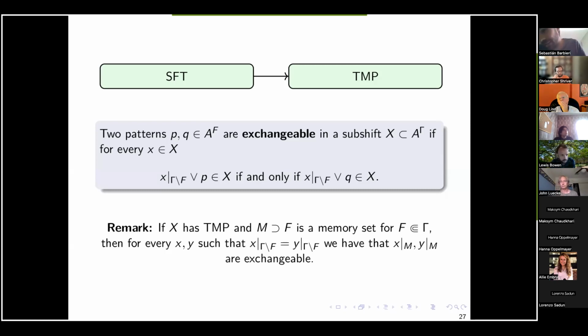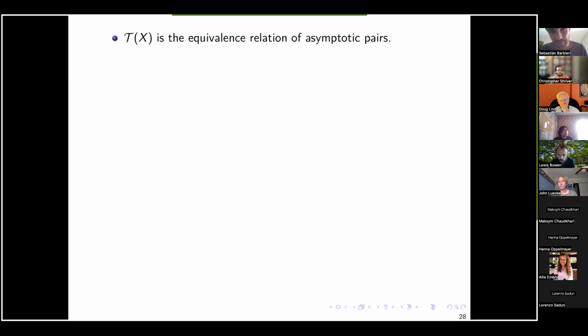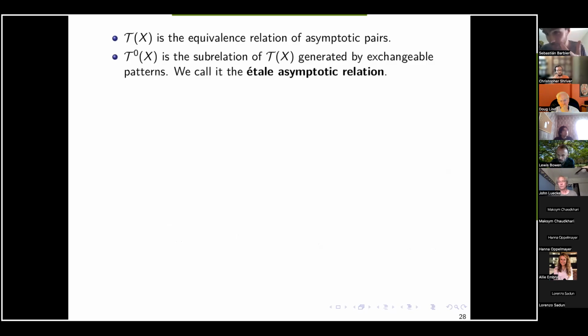All right, and well, I am a subshift, so I'm translation invariant, so the former property actually becomes invariant under translations. All right, so let me remind you that I denoted by T of X the equivalence relation of asymptotic pairs. Now, if I just consider exchangeable patterns, I can define a subrelation of the asymptotic relation, which is the one that is induced by exchangeable patterns. And I'm going to call it the étale asymptotic relation.